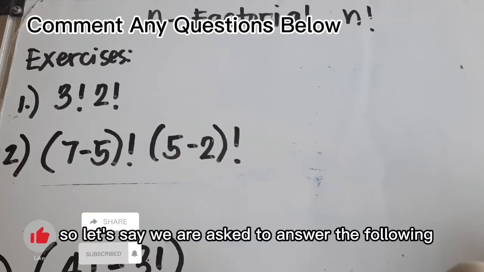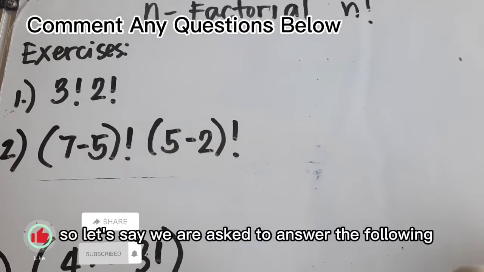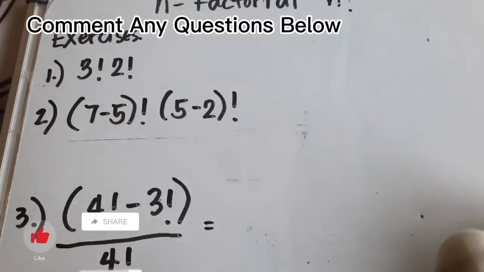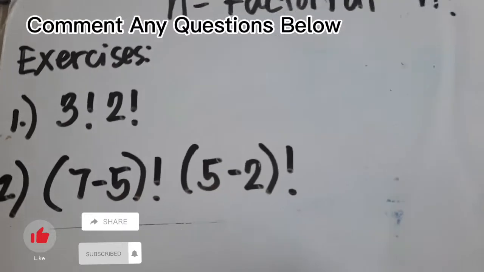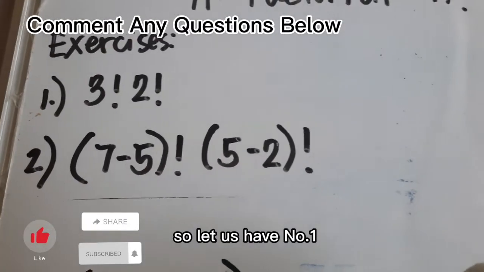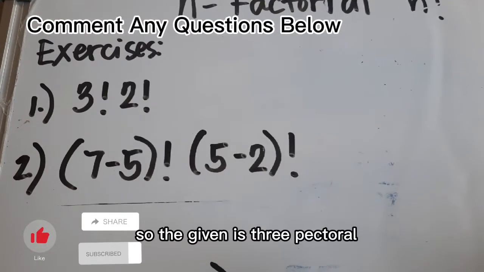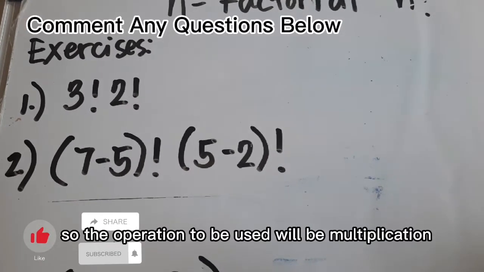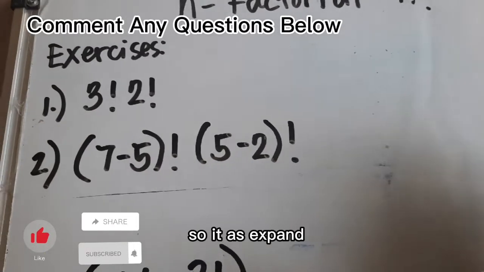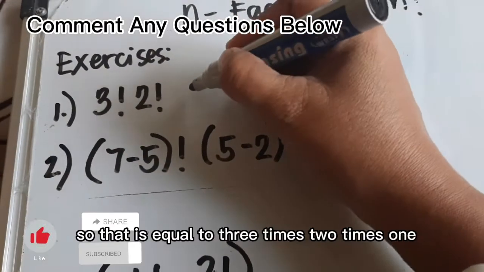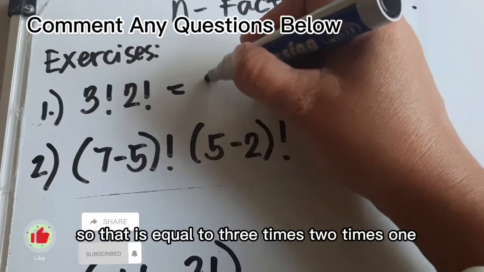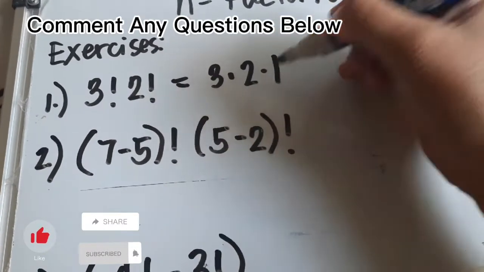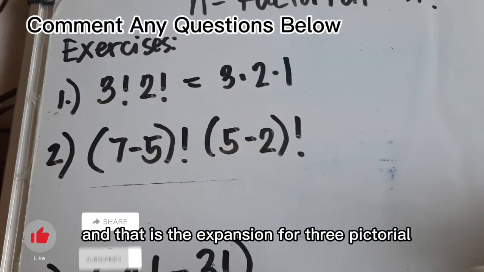Okay, let us continue. Let's say we are asked to answer the following exercises. I have here 3 items. Let us solve it one by one. Let us have number 1. The given is 3 factorial multiplied by 2 factorial. The operation to be used will be multiplication. Let us expand. That is equal to 3 times 2 times 1, the expansion for 3 factorial.